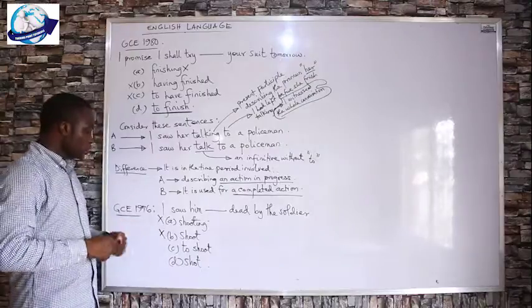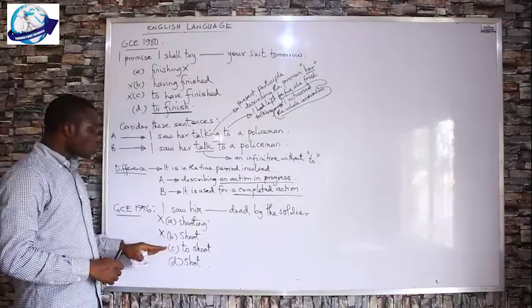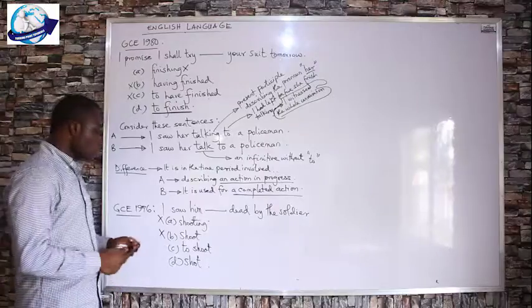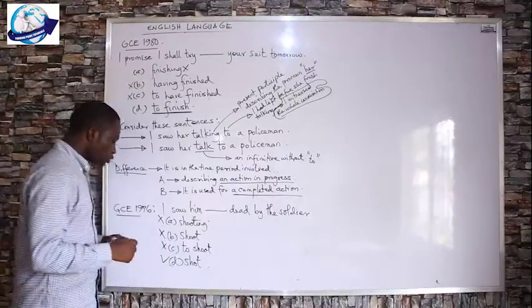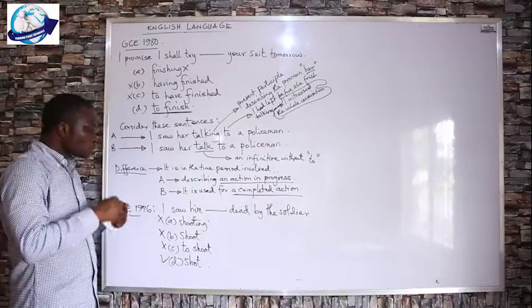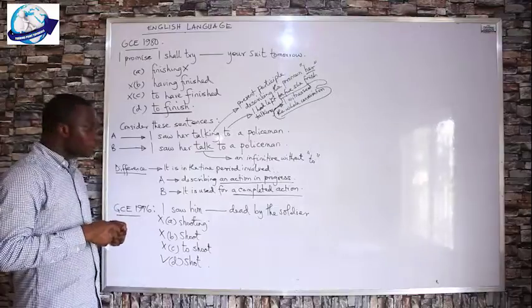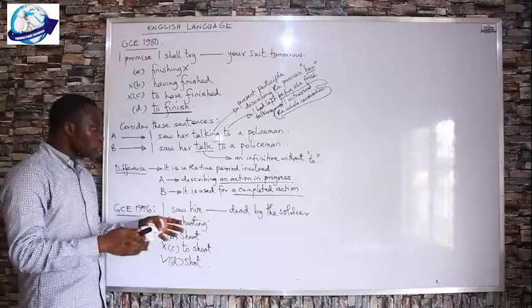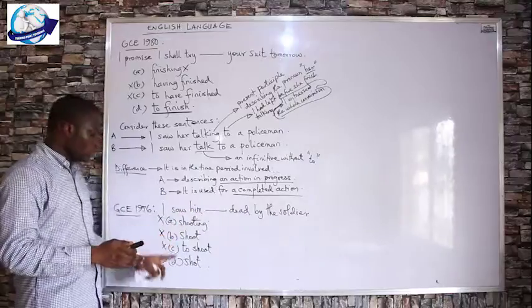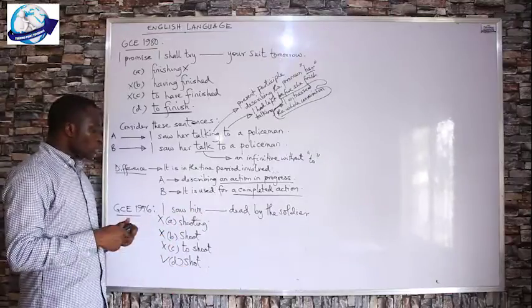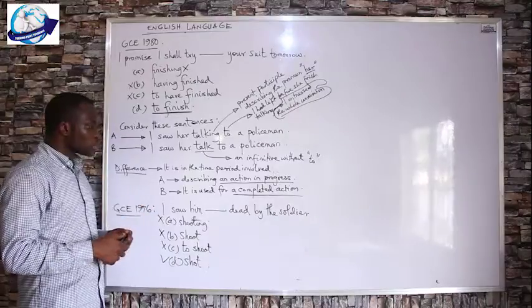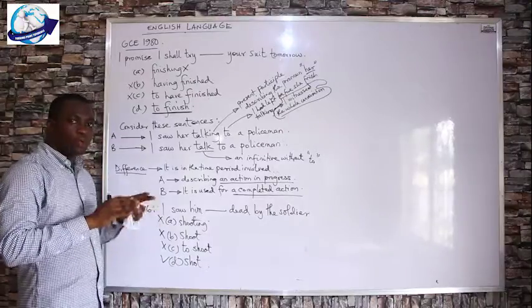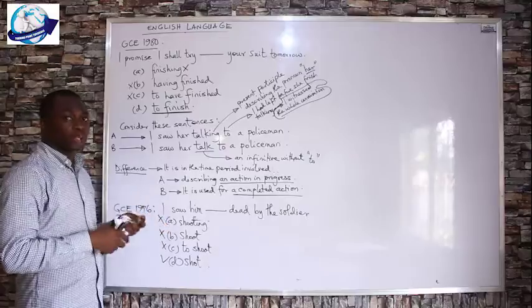Then the next one: "I saw him to shoot dead." It will not go. Of course, the answer to the question is: I saw him shot dead by the soldier. It is used where there was a completed action. So I took the word "shot." I saw him shot dead by the soldier. The action was completed. I was there to the end of the action.